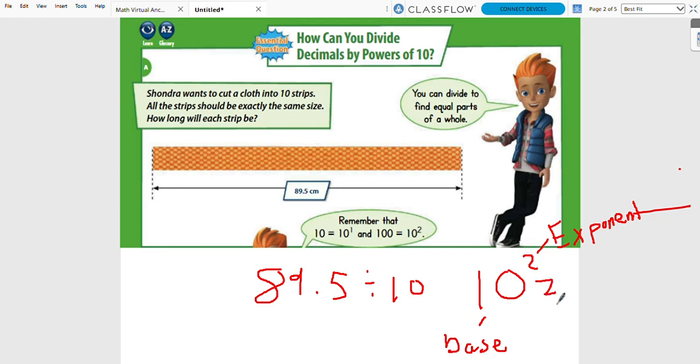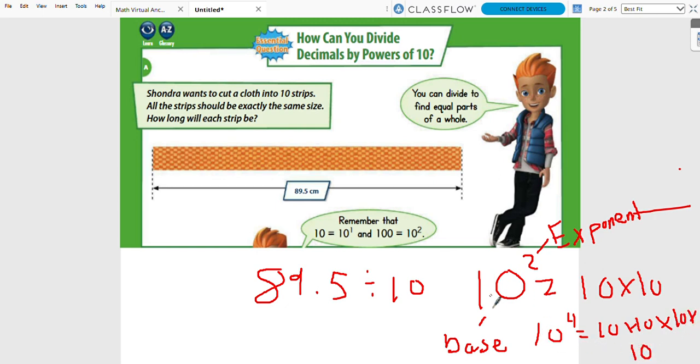So 10 squared, or 10 to the second power, is 10 times 10. And 10 to the first power would just be 10. If you had 10 to the fourth power, that would be 10 times 10 times 10 times 10.